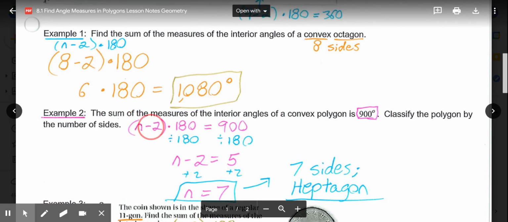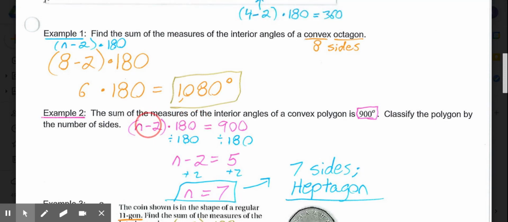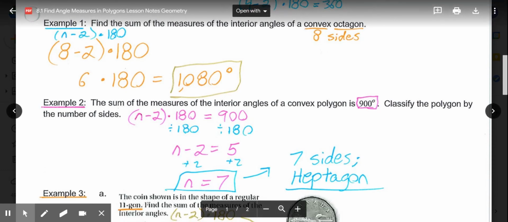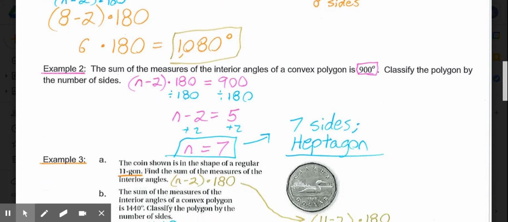We're still using this expression, (n minus 2) multiplied by 180 equals, and in this case our angle measure total is 900. To solve for the number of sides, we divide by 180. So n minus 2 equals 5. Add the 2 to each side, and n equals 7. So we know that's a 7-sided polygon, which we could also call a heptagon.